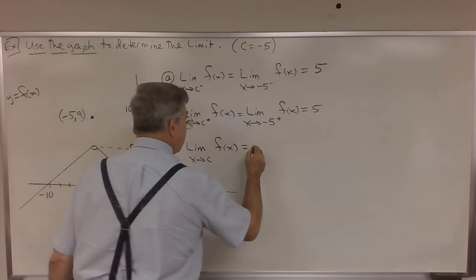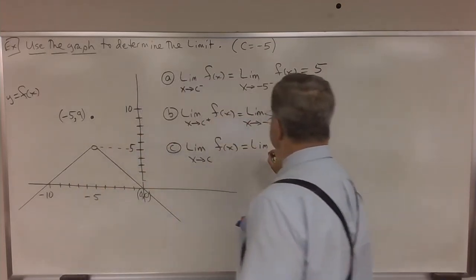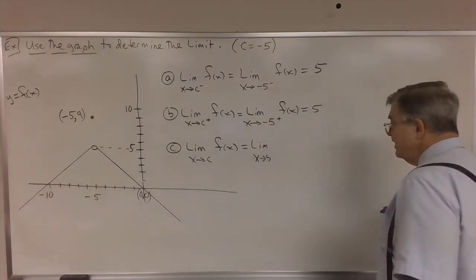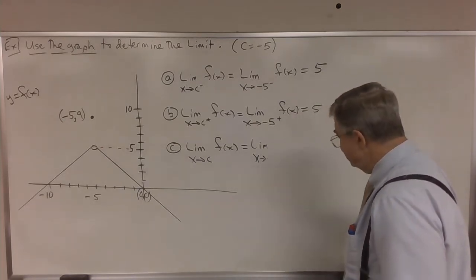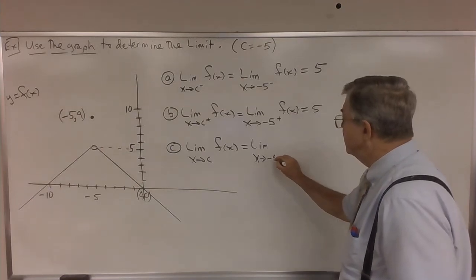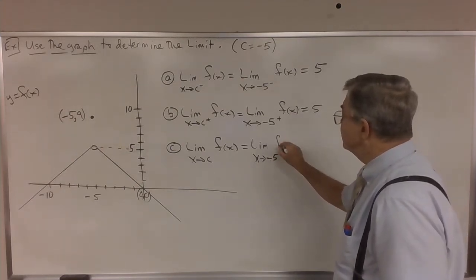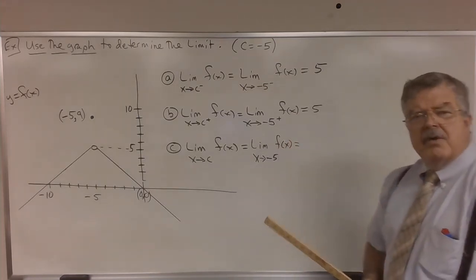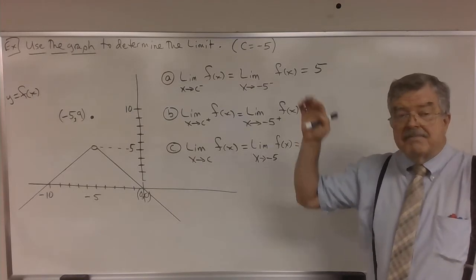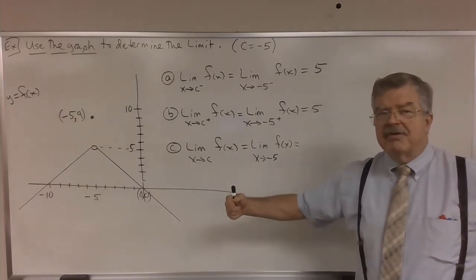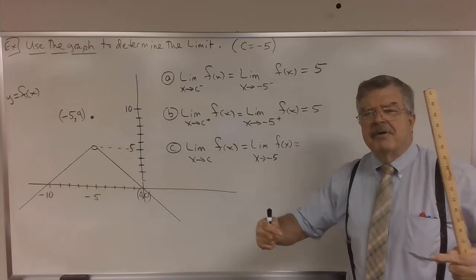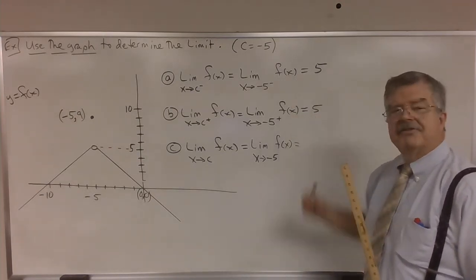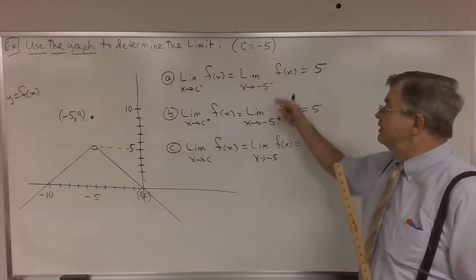So what they're really saying is, what's the limit as x approaches -5 of f of x? Well, what do we know about, quote, the limit, end quote, as x approaches a number from either direction, and the two one-sided limits as x approaches that number from the left and from the right?